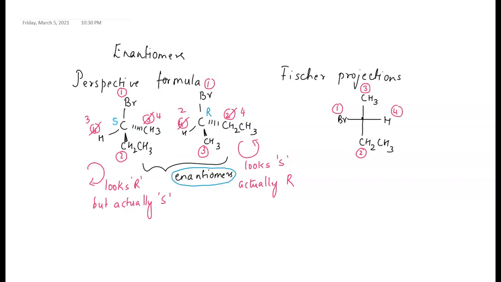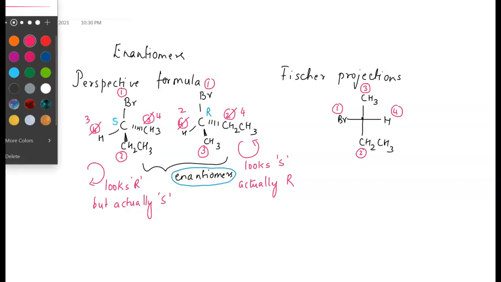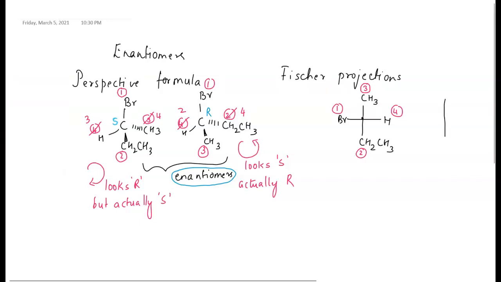Now in a Fisher projection, the horizontal bonds are the ones that are coming out to you. So let me redraw this molecule in such a way that it's clear that my horizontal bonds here are actually coming out of the plane.